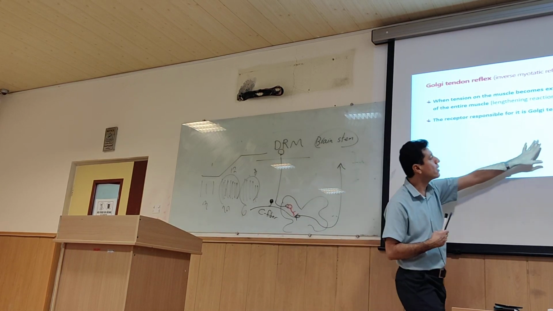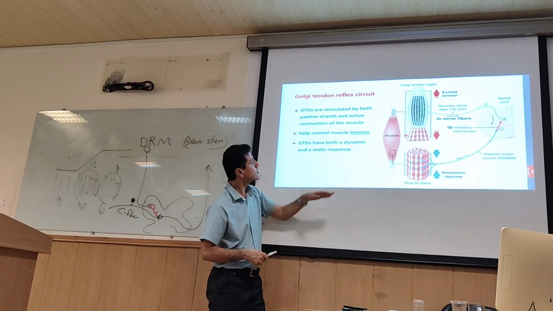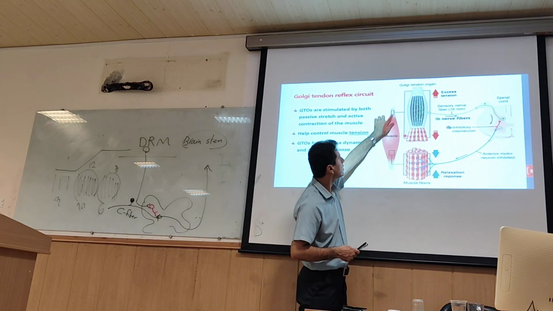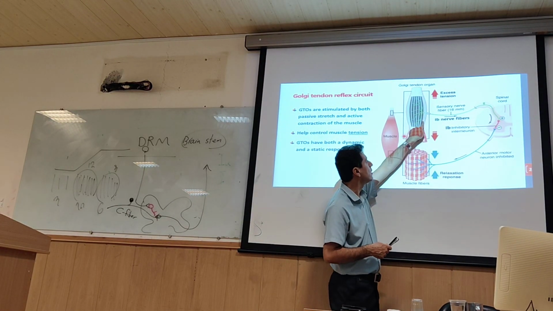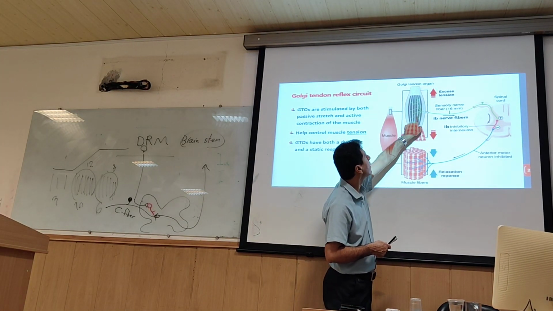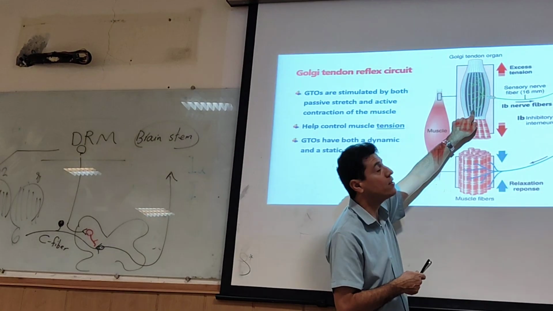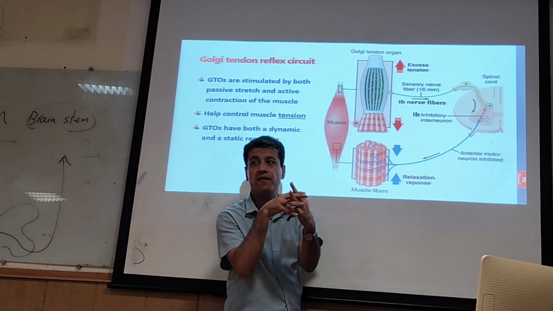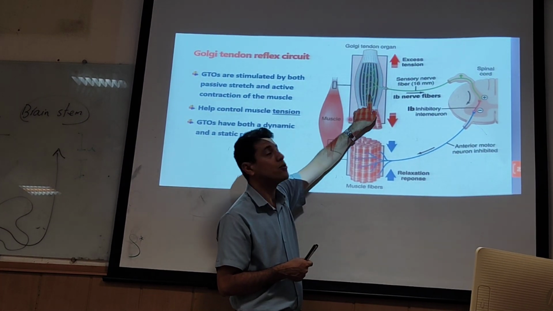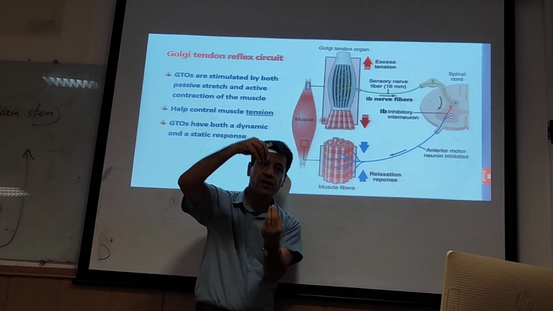The receptor here is the GTO. At the junction of the tendon and muscle, we have the GTO. Inside the GTO, we have some collagen fibers. Between the collagen fibers, we have the tip of the axon. The fiber coming to the Golgi tendon organ has several branches between the collagen.